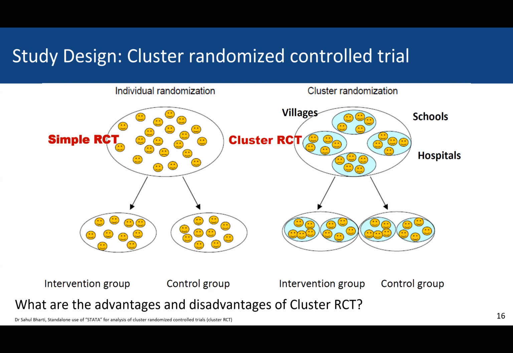If you're in a school and you did an individualized randomization, you might fear that the other students will talk about the intervention, and so your intervention won't be separated anymore. Yes, that's something we call contamination of the control group.